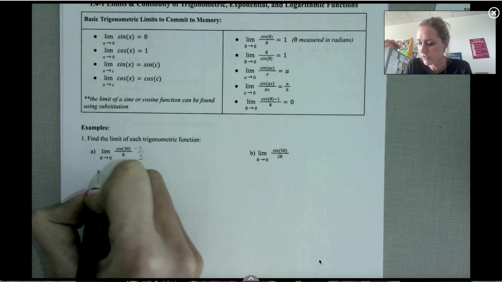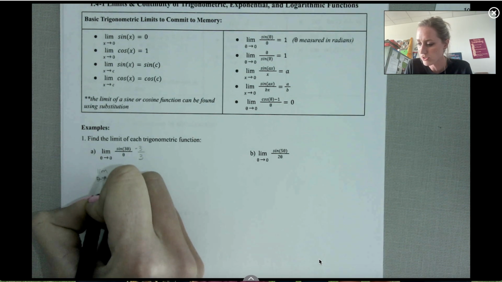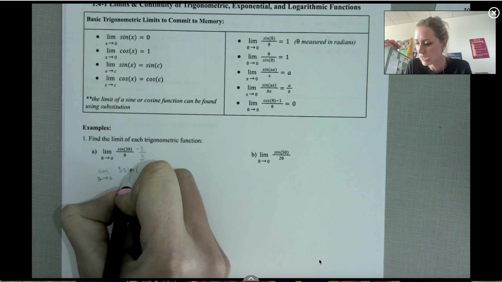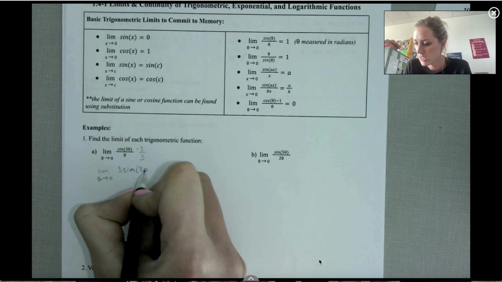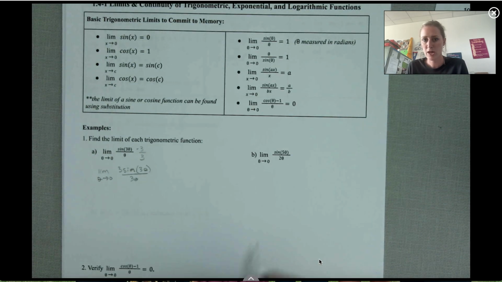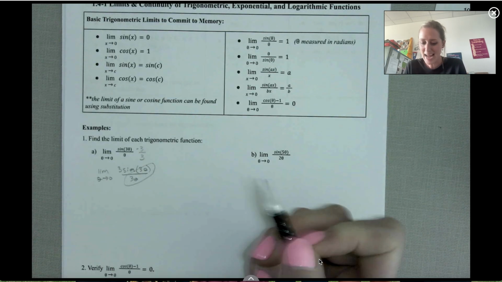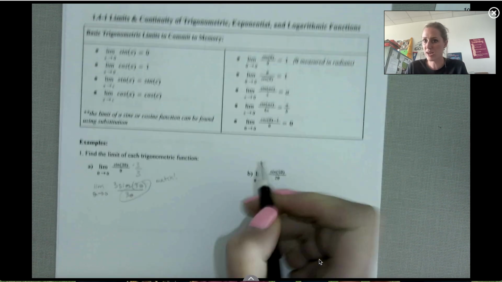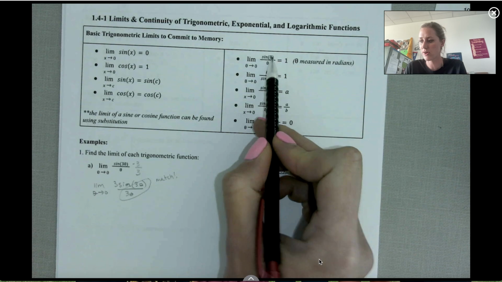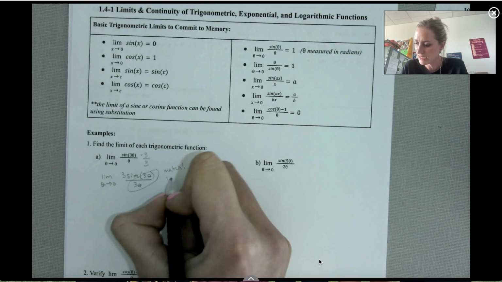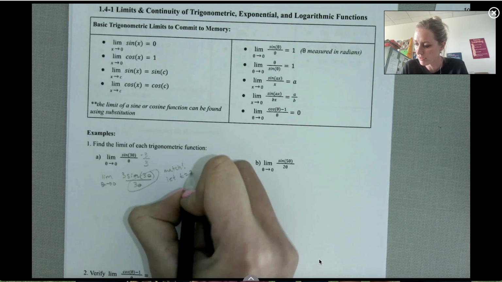Basically, if I were to multiply by 3 over 3, so I'm really just multiplying by 1, this is going to turn into the limit as theta approaches 0 of 3 sine of 3 theta over 3 theta, right? We multiplied the top and the bottom by 3. Well, if these match, then that follows this, right? The arguments are the same. So I'm going to say let t equal 3 theta.